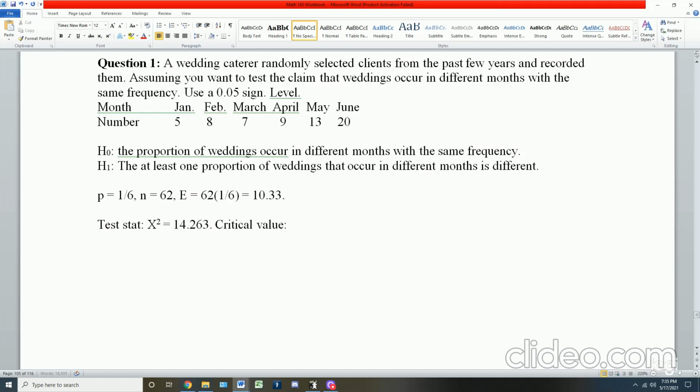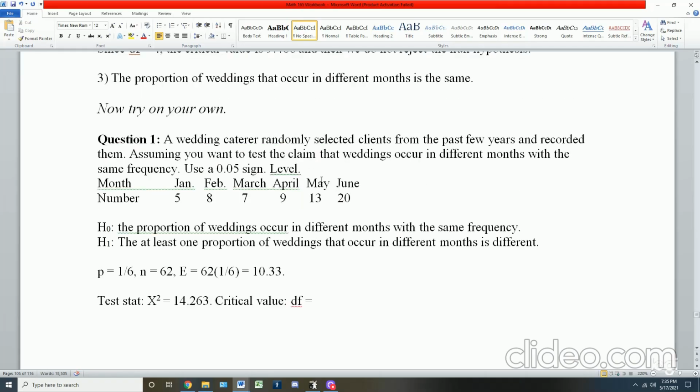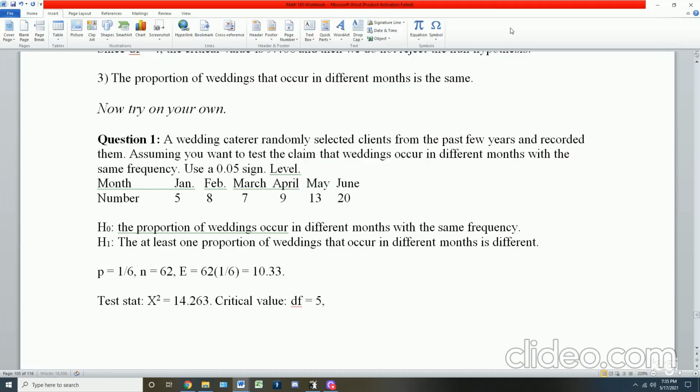So to find our critical value, our degrees of freedom in this case is going to be 6 minus 1, so that's 5. And alpha was given to be 0.05. So again, we just go to our chi-squared distribution and see what our critical value is going to be, with 5 degrees of freedom and 0.05 as our alpha.